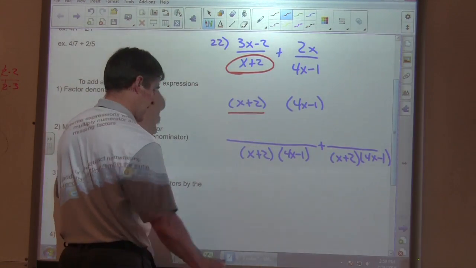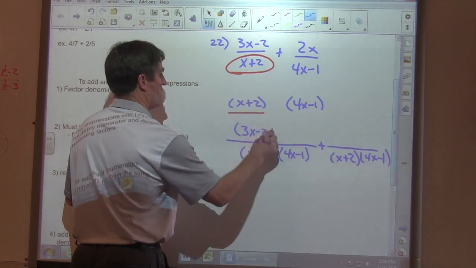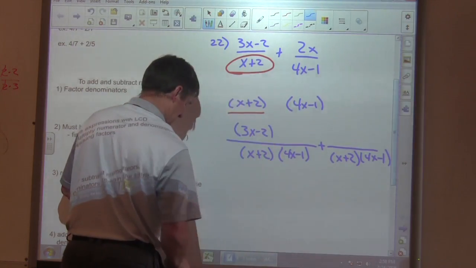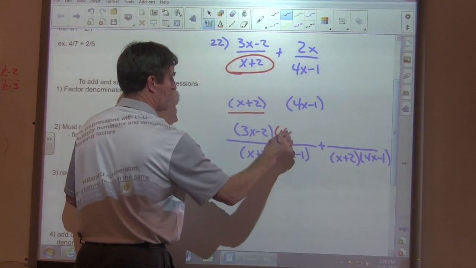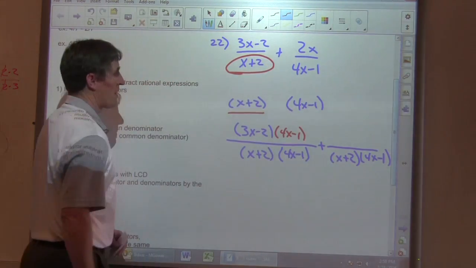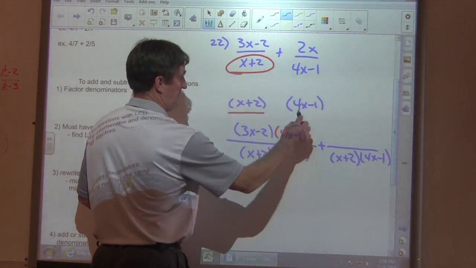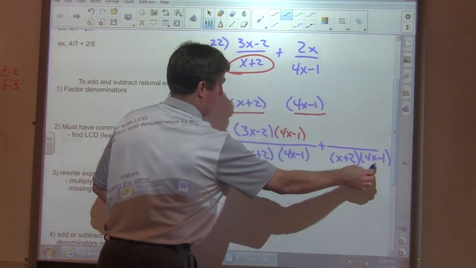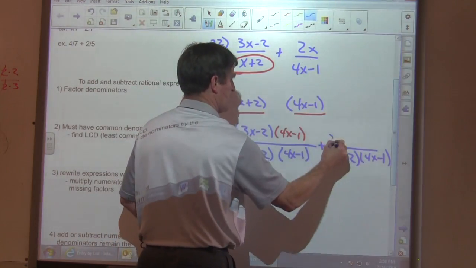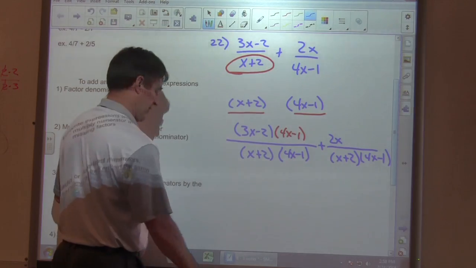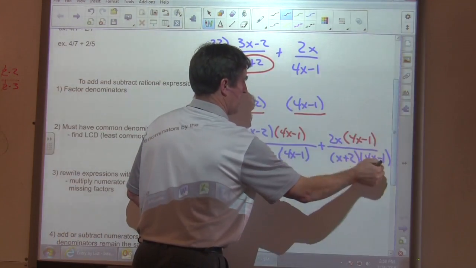So I have to take that 3x minus 2 from here, and multiply it by the missing factor, which is 4x minus 1. Then on this side, I have a 4x minus 1, so I have that one, but I'm missing the x plus 2, so I have to take the 2x from my original numerator and multiply it by x plus 2.